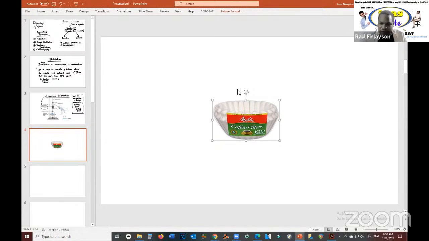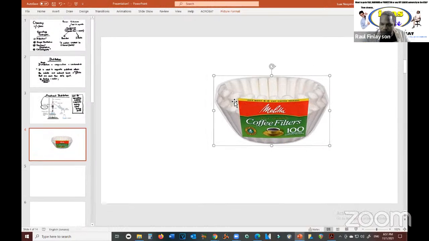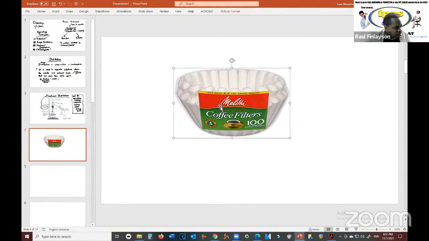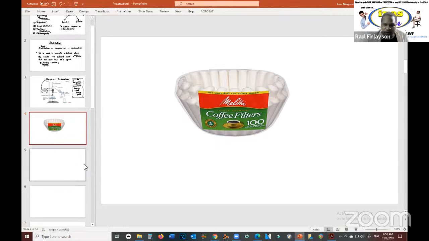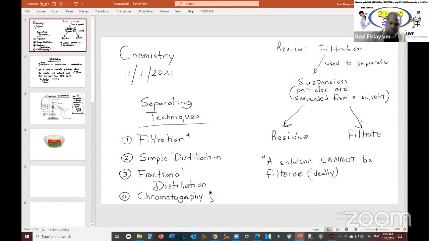So if you cannot get hands on this, guys, then we can do the lab with the filtration. That would be the second lab, and next class we run through filtration. After that we have chromatography, which would be the fourth one on the list here. You see I put an asterisk there because this is crucial: you can use the same filter paper to do this lab.